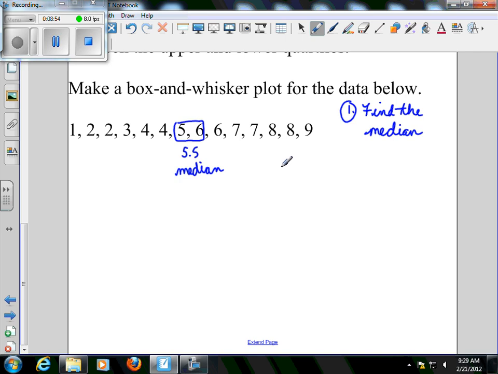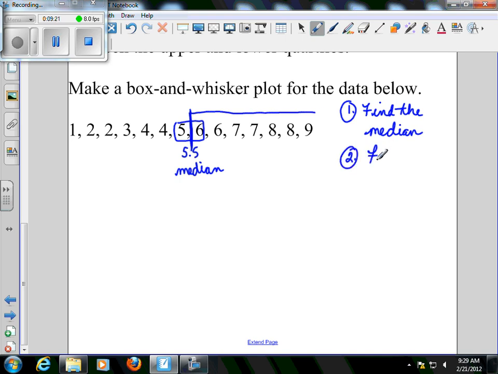Now what we want to do is find the numbers that fall on each side of that median. We want to find the median of the upper and lower values. So 5.5 is right smack in the middle. Okay? So we want to find the median of the upper values.